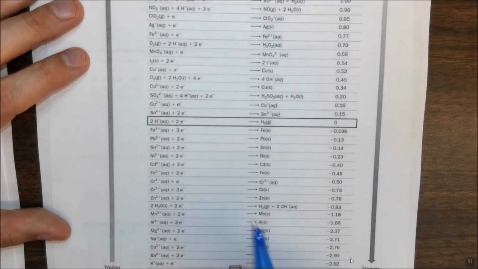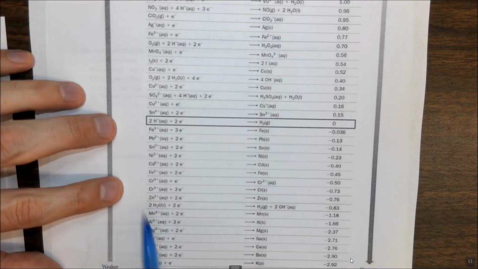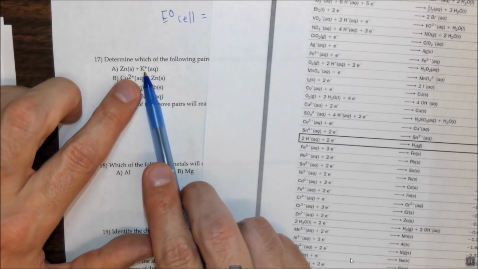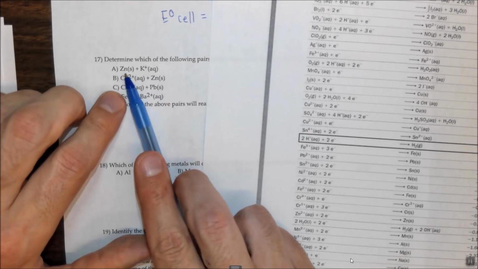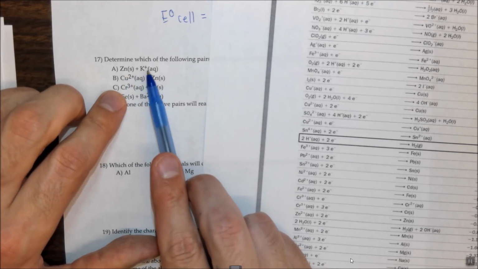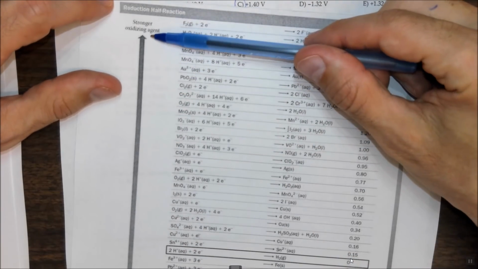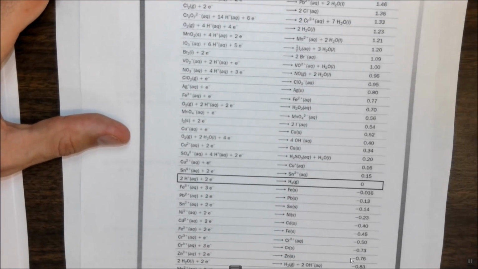We have zinc, which is here, and potassium, which is here. And what you want to pay attention to is which one has the charge. So potassium is positively charged, so will it take an electron away from zinc? In order for potassium to take an electron away from zinc, it would need to be higher on the standard reduction potential because there are stronger oxidizing agents in this direction, meaning that their ions can take electrons away from things, because an oxidizing agent is itself reduced.